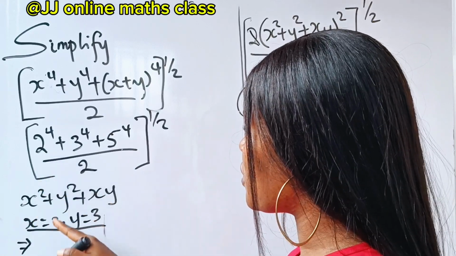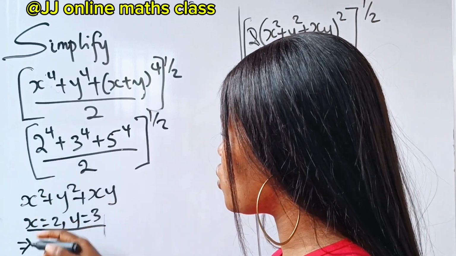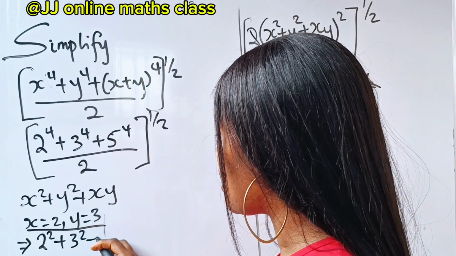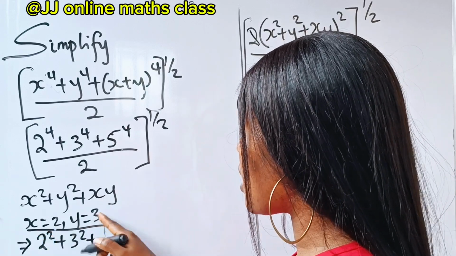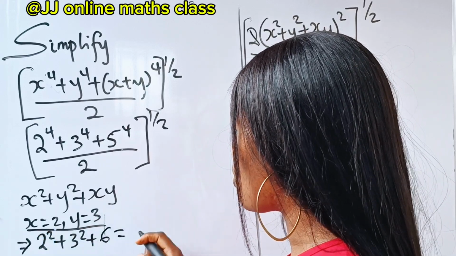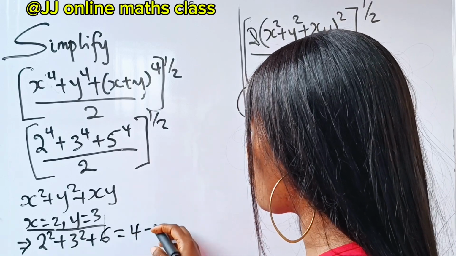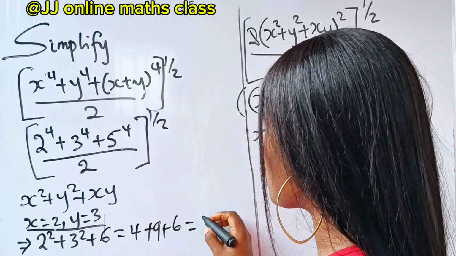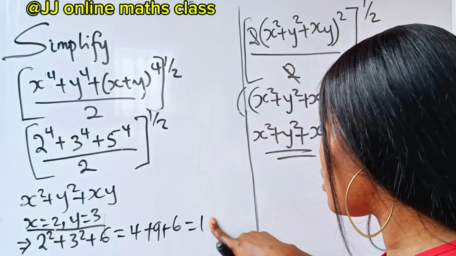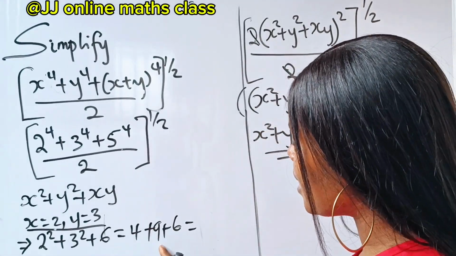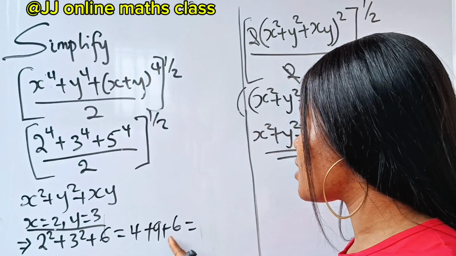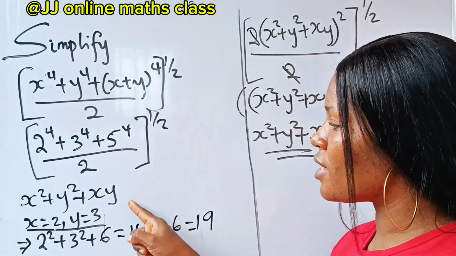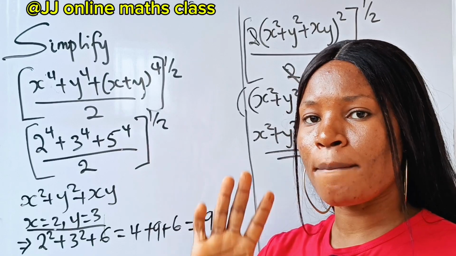According to our expression, it's just going to be 2 squared plus 3 squared plus xy, that is 2 times 3, which is 6. 2 squared gives us 4, 3 squared gives us 9, plus 6. Let's check: 4 plus 9 gives us 13, 13 plus 6 gives us 19. So this gave us 19 using our simplified method.